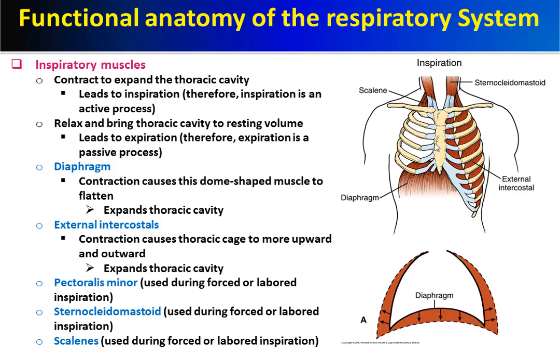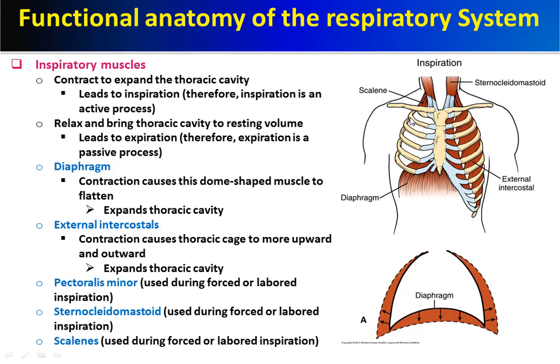We have accessory inspiratory muscles, which include the pectoralis minor muscle, and this is not used during normal resting inspiration. Rather, it is used during forced or labored inspiration.